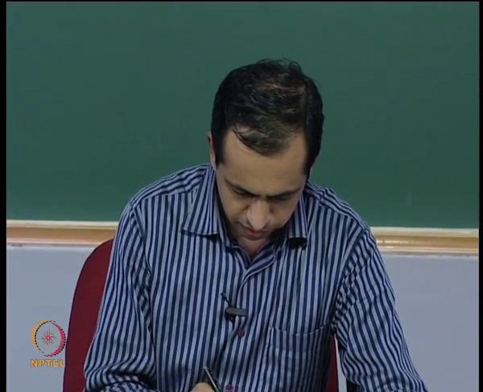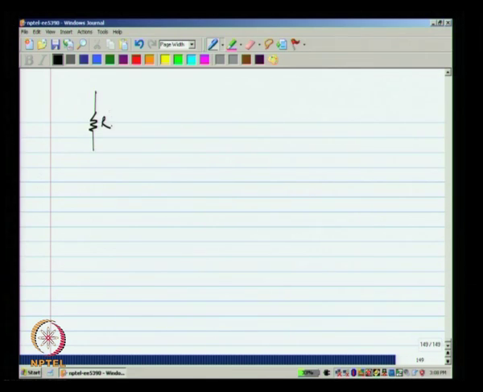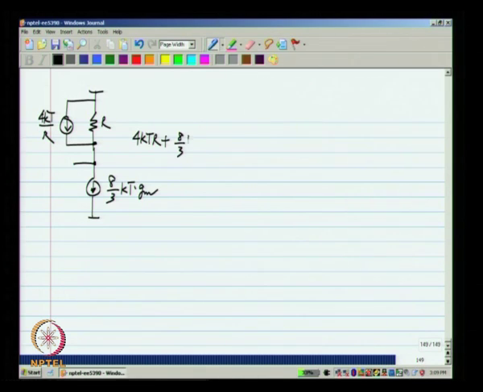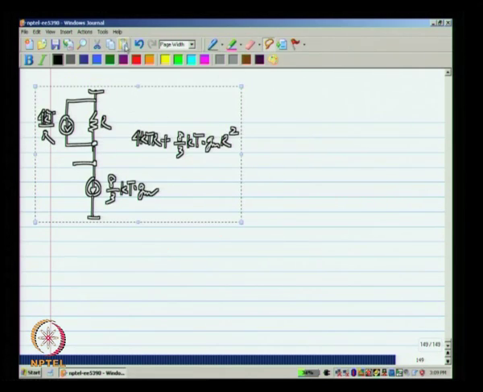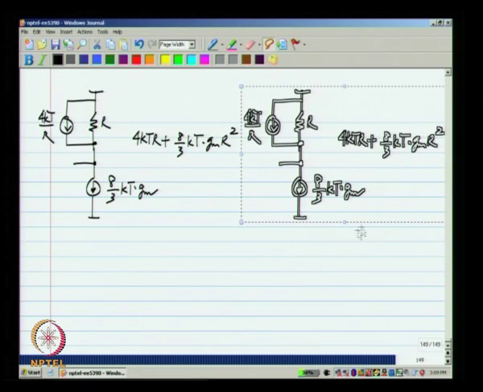So, originally we had a resistance R, and in the noise picture 4 kT by R, and the noise of the MOS transistor 8/3 kT GM flowing into R. So, the output voltage noise spectral density was 4 kT R plus 8/3 kT GM R square. What do we have in the new circuit?